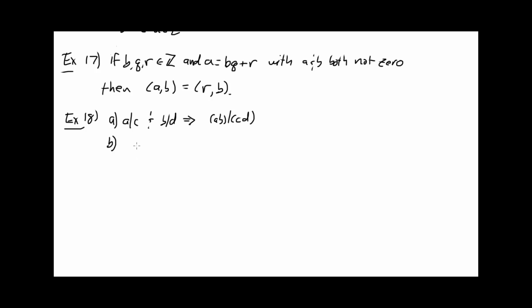It's super important for part B here to know that just because a divides c and b divides c, that just absolutely does not give you that ab divides c.